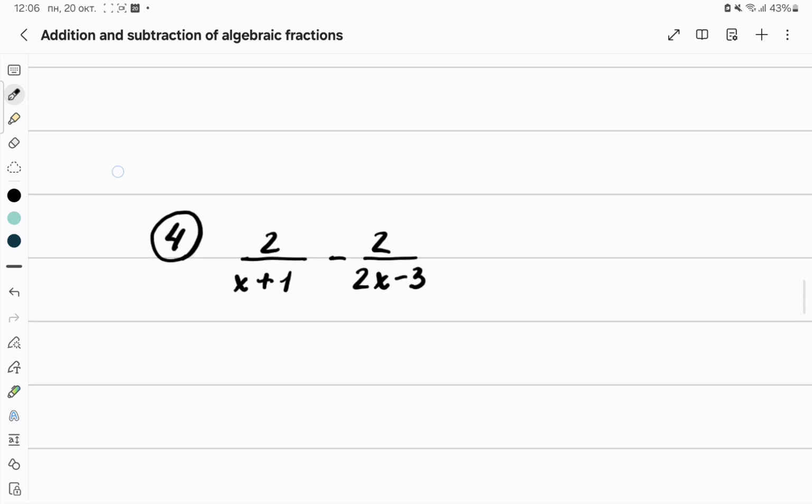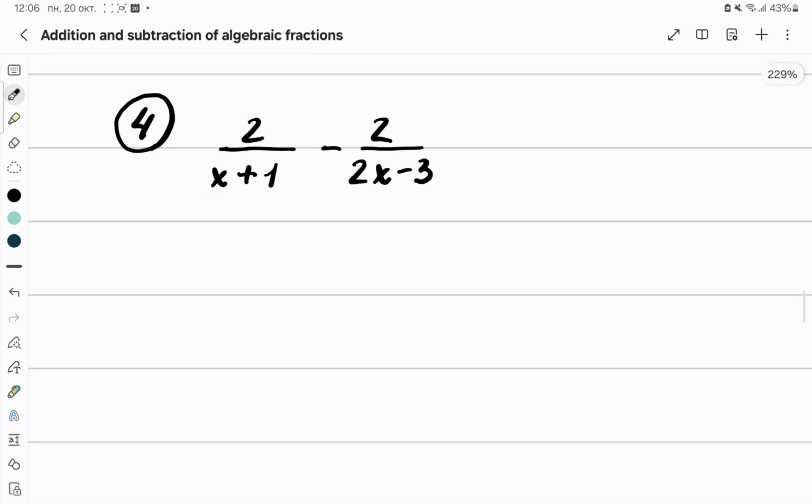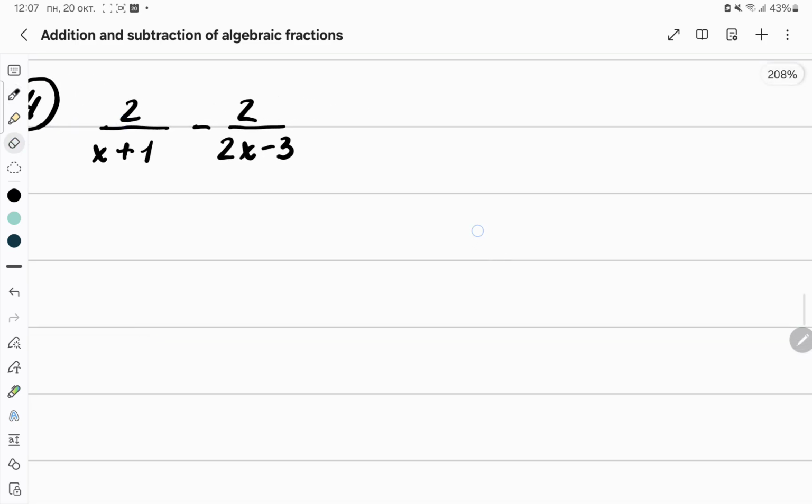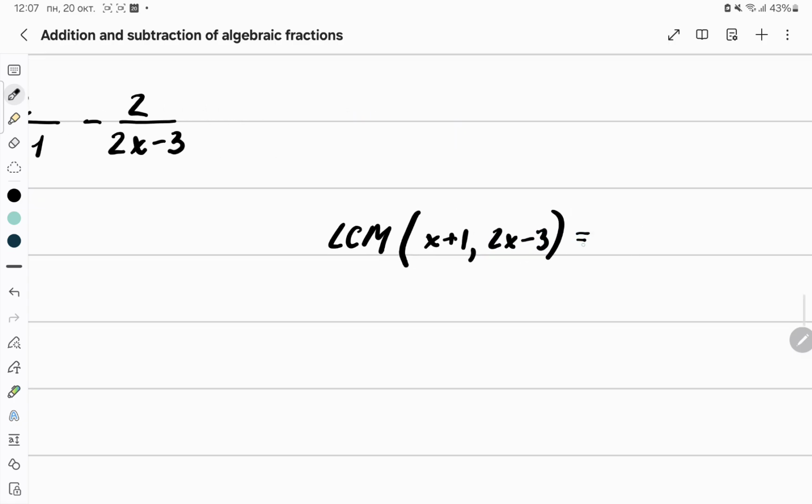Okay, now let's turn to question number 4. So you see, for this case, denominators are completely different. So it means that the LCM of x plus 1 and 2x minus 3 is simply their product, x plus 1 multiplied by 2x minus 3.